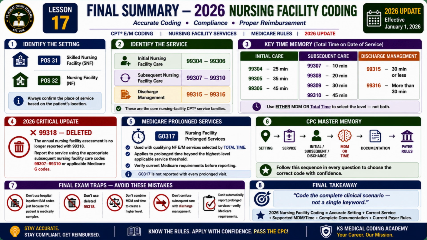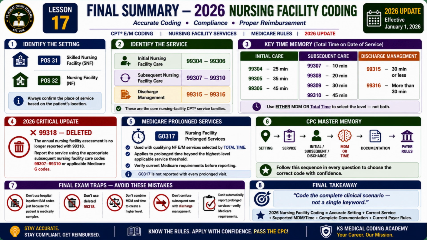Let's quickly summarize 2026 nursing facility coding. First, identify the setting. POS 31 for SNF and POS 32 for nursing facility. Next, identify the service. 99304 through 99306, initial care. 99307 through 99310, subsequent care. 99315, 99316, discharge management.